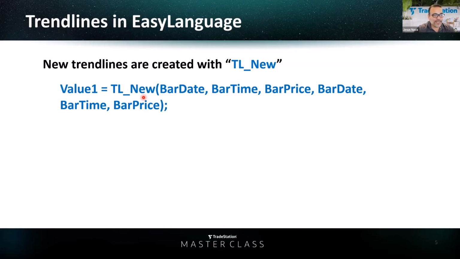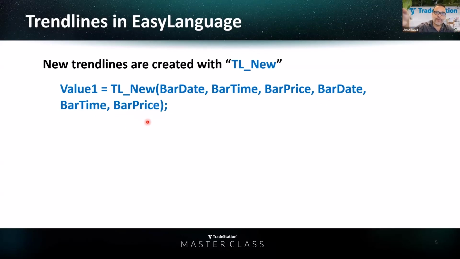What does it need? It needs 6 data elements, and those data elements are bar date, bar time, bar price. And it repeats again, bar date, bar time, and bar price, because it needs the date and the time and the price of the first anchor point, and it needs the date, the time, and the price of the second anchor point.